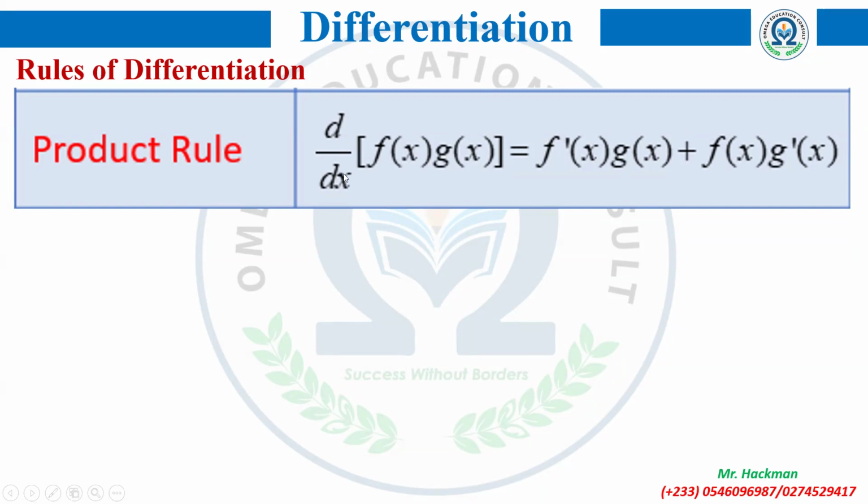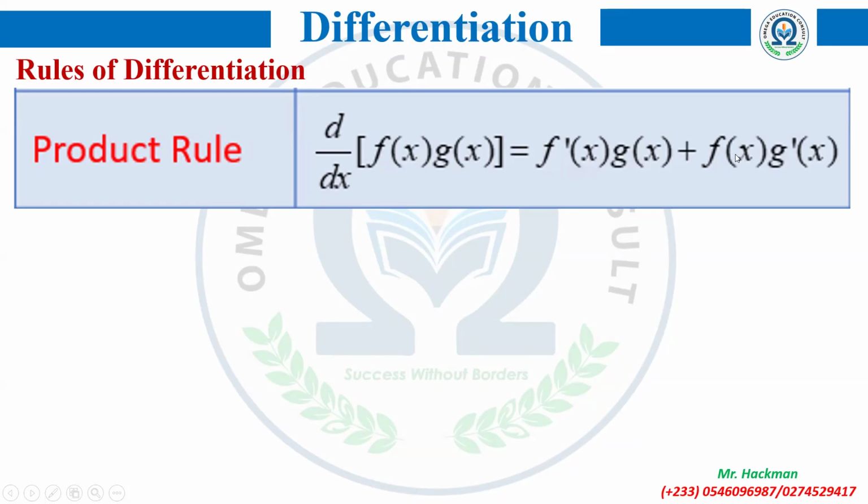So if I'm differentiating, this is what you do. You hold the first function, differentiate the second function, then plus you come and swap. But you can see that in what you have here, it is rather the first function that was differentiated, the second function held, then plus the swap.